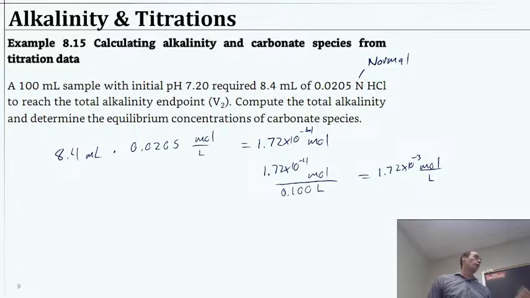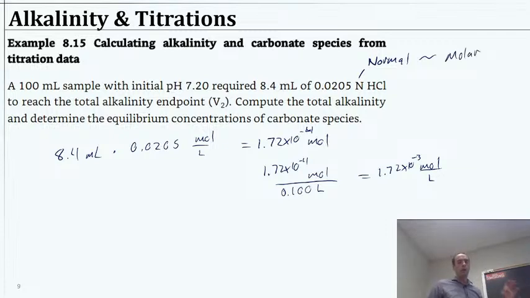If we had something like sulfuric acid, you get 2. You often write it as normal because we're referring to 1 proton. That's the way to normalize it because you need half the amount of sulfuric acid with 2 protons coming off every time. Anyway, don't worry about that. This is molar, effectively.